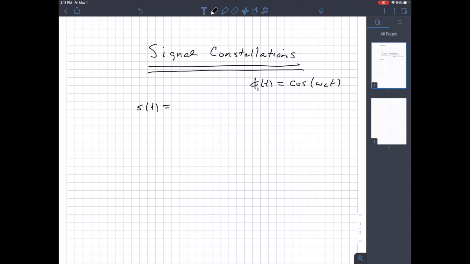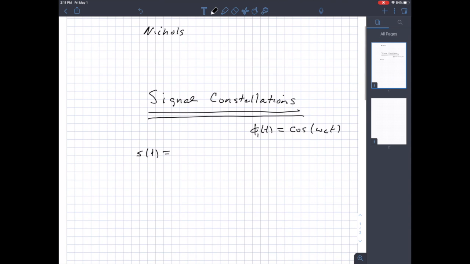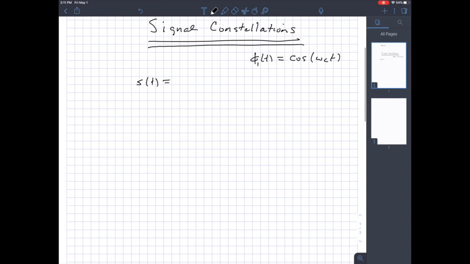Like V1 is cosine and V2 is sine. This shows up, for example, in Fourier series. What we know from Fourier series is that sine and cosine are orthogonal, which means if I integrate over one period of cosine omega_c t sine omega_c t dt, I get 0.